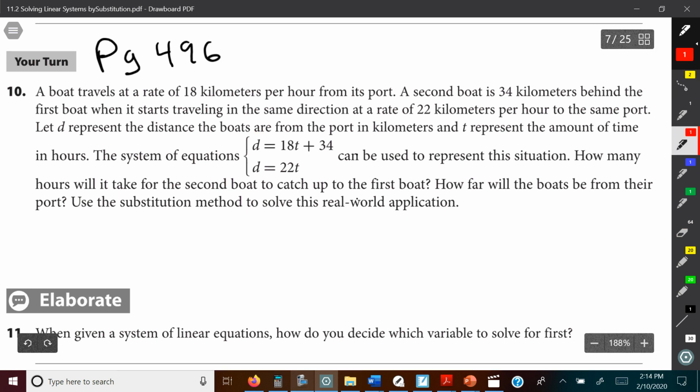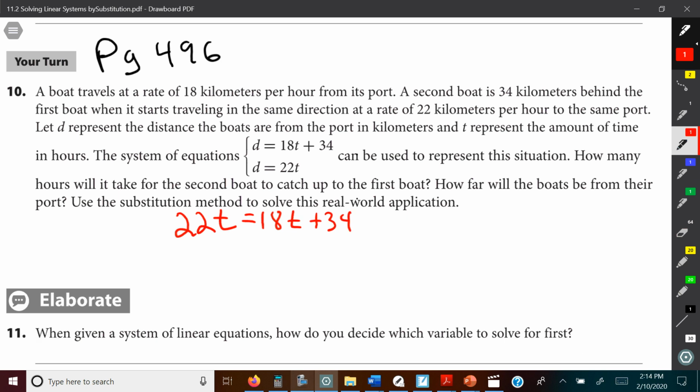All right, so what I end up with is this equation here. 22T is equal to 18T plus 34. Now, since there's no D involved at all, we'll go ahead and solve for T. So I'm going to subtract 18T on both sides.